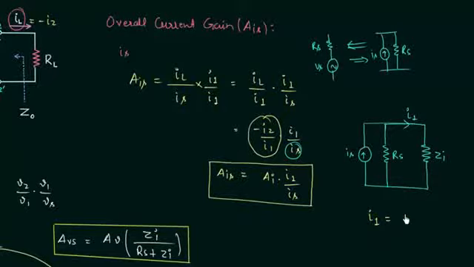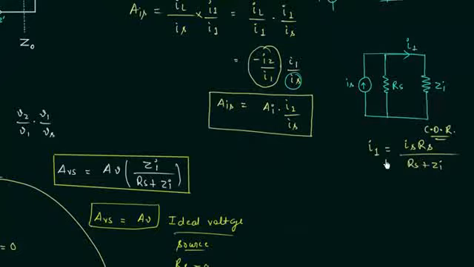Current I1 is equal to IS multiplied with resistance RS divided by RS plus ZI. This is using the current divider rule, a very simple rule which you can follow, and from this we can find out I1 by IS. I1 by IS is equal to resistance RS divided by RS plus ZI.